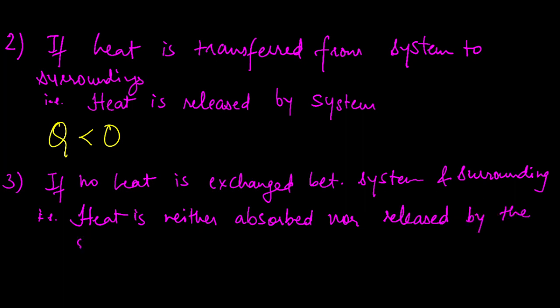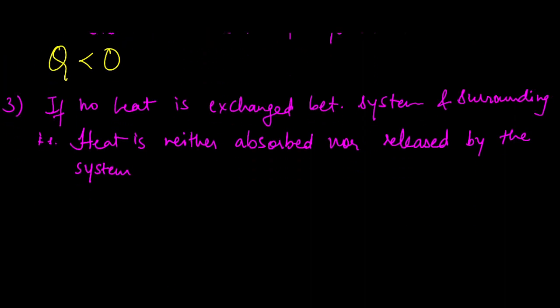Handwriting બગડે છે, ચાલશે ને? પણ આપણે રિલીઝ લખીએ, ચાલશે. Then you have Q equal to 0. બરાબર? આ 3 પોઈન્ટ સુધી તો બધા જલસા જ કરે, બરાબર ને?